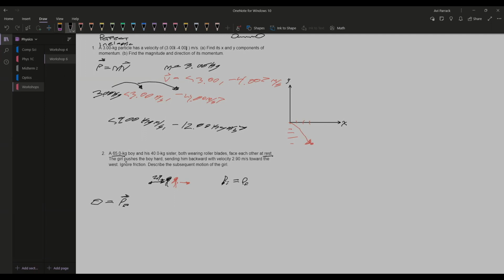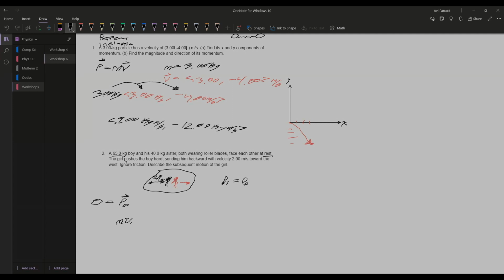So let's calculate this. Let's see how this goes. So what is the final momentum composed of? Well, in our system right here, we're concerned about these two moving bodies. So one is the boy. He has a mass of m, it's going to be 65 kilograms. And he has that velocity that they told us.